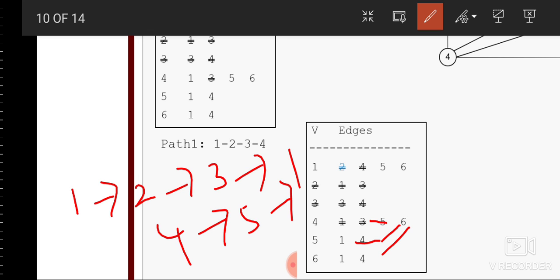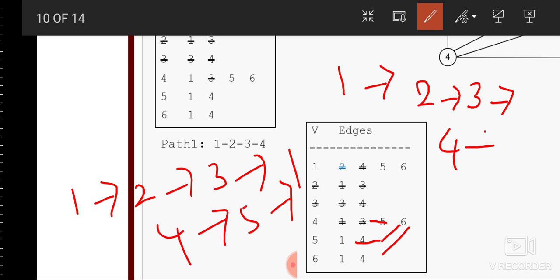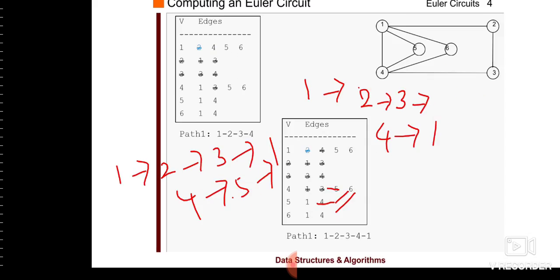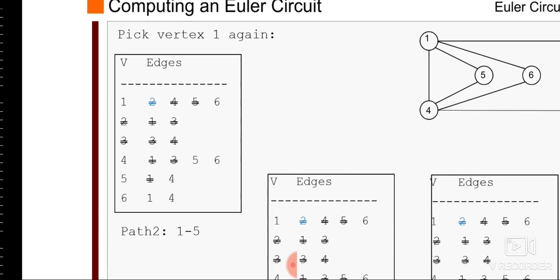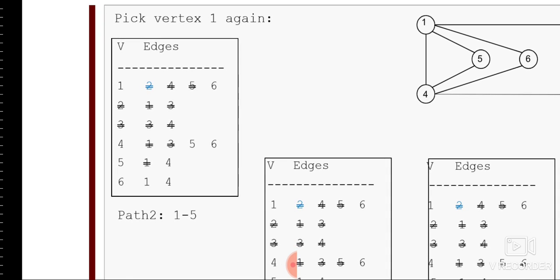So instead of moving into 5 from 4, you go back to node 1. Now we get the path 1, 2, 3, 4 and again 1. And we are finding out whether there are any edges which are not traversed. Like this, pick vertex 1 and see whether any non-traversed edges are there.